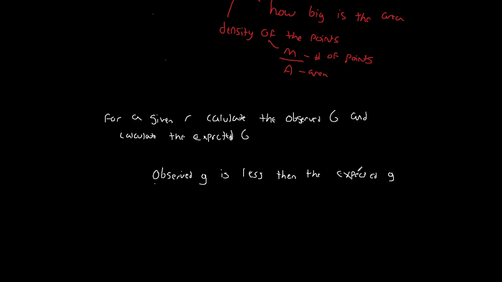Right, so this is basically saying we have a lower probability of a point's nearest neighbor being within that range than we do by random chance. What does this mean?